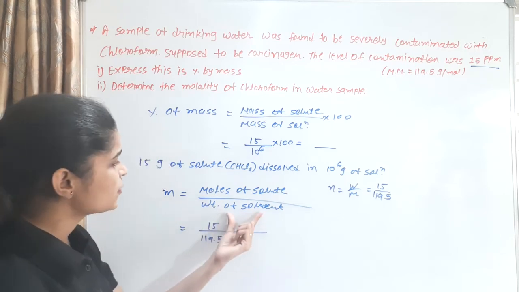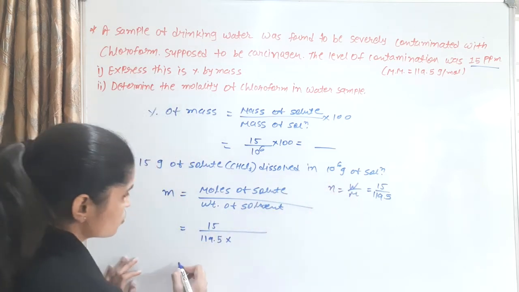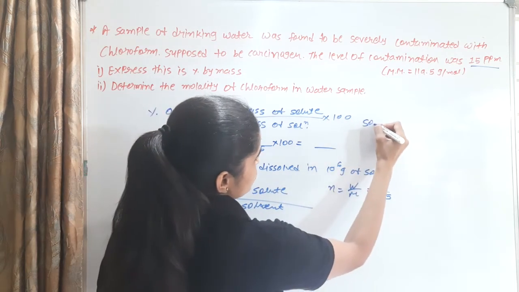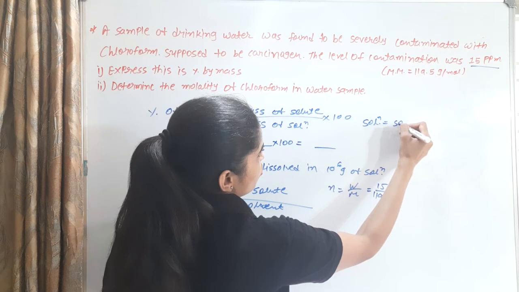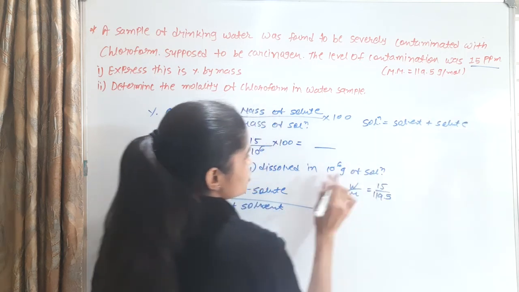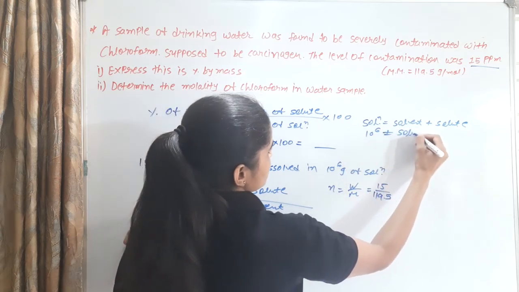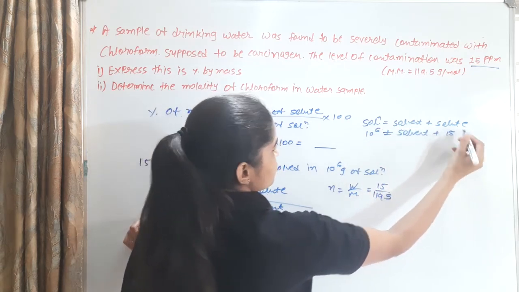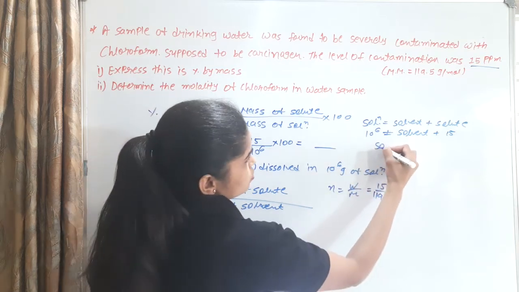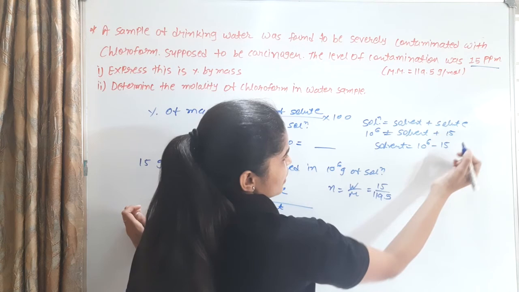Then weight of solvent. Total solution weight is equal to 10 raised to 6. So solution is equal to solvent plus solute. Solution value 10 raised to 6 is equal to solvent plus solute 15. So solvent is equal to 10 raised to 6 minus 15.